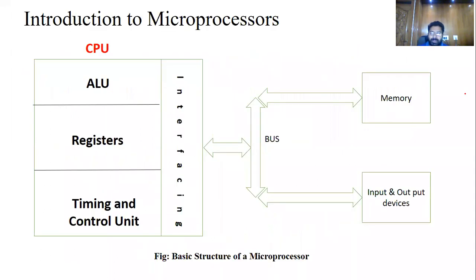So once again, you can see the microprocessor diagram. This is the CPU. By that CPU, we are able to connect the memory and the input-output devices through these buses. You know that there are some general bus operations. On that we have the address bus, the data bus, and at the same time the control bus.